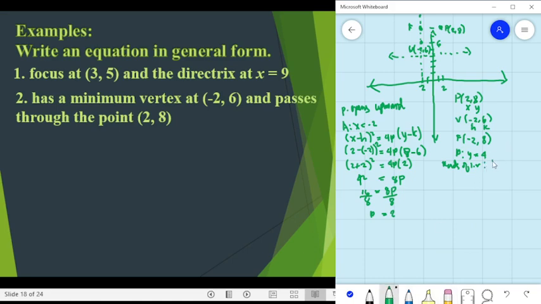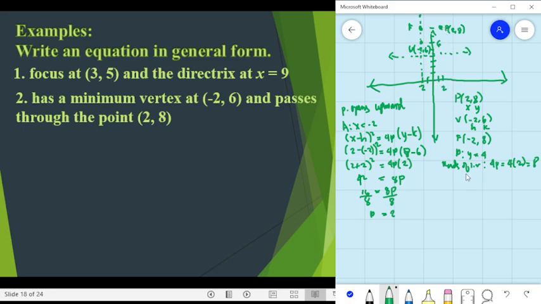Okay, 4p, so it should be 4 times 2 equals 8. So that means 4 units to the right or 4 units to the left. So from here, 1, 2, 3, 4. So 2, 8.